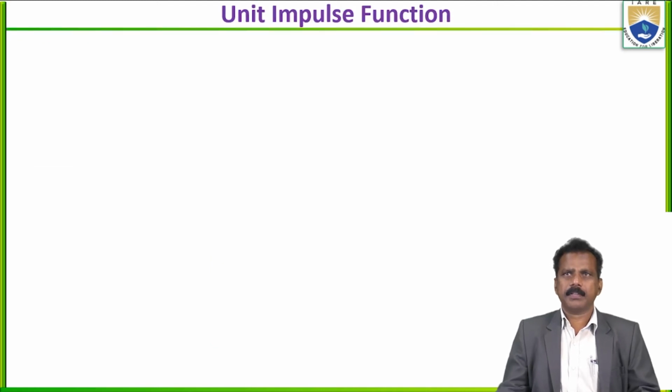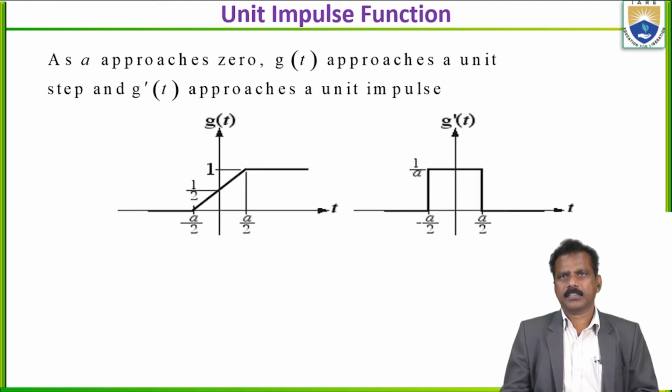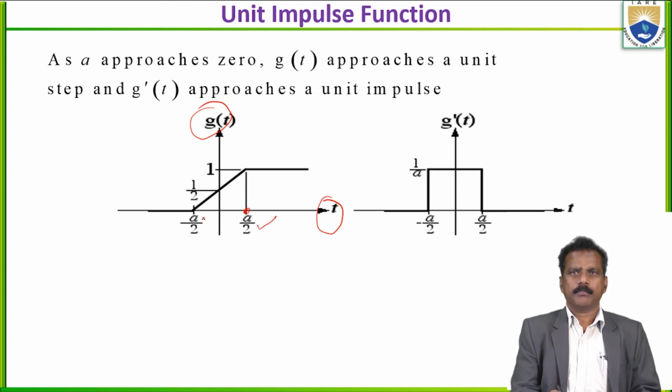function. Coming to the unit impulse function, as a approaches 0, g of t approaches the unit step, and g dash of t approaches the unit impulse. Like this it is specified: t versus g of t. Here this point is a by 2, this is minus a by 2, here it is 0, here it is 1.